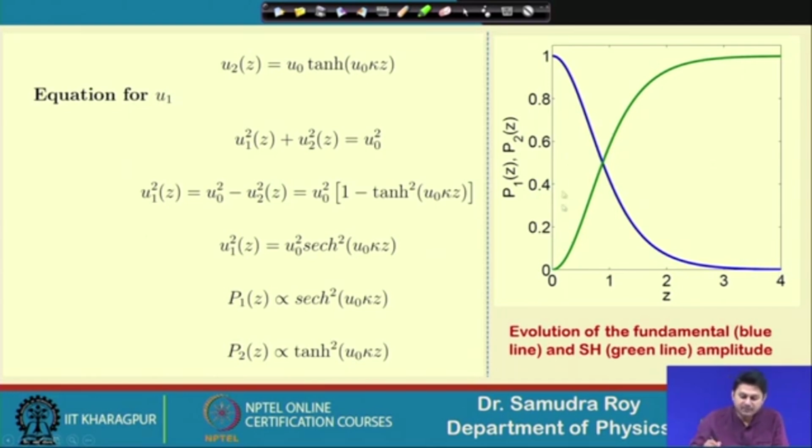At each point, if I sum these two, we will find that the sum gives a constant value. For example, here 1 and 0 is there. So, if I sum this point, it is 1 plus 0, so 1. At this point, in both cases it is 0.5 and 0.5. So, if I add, it will again give 1.